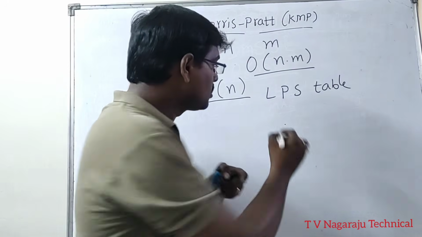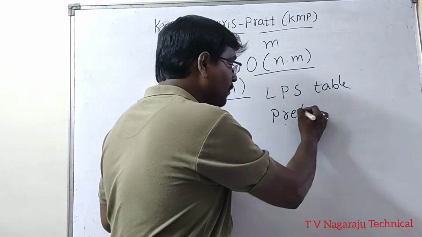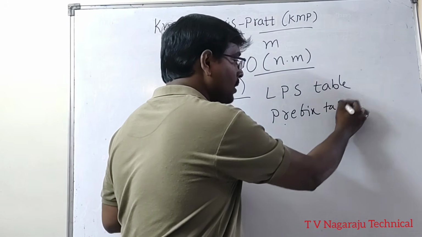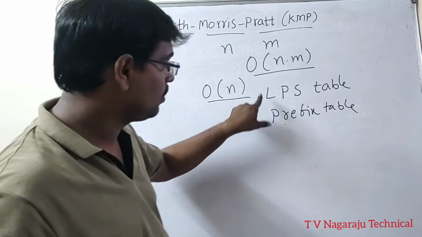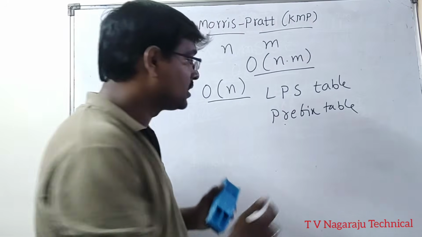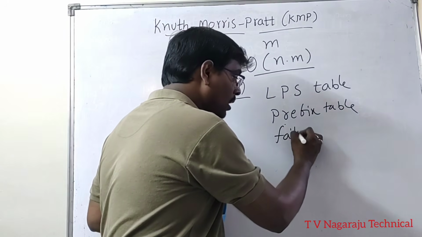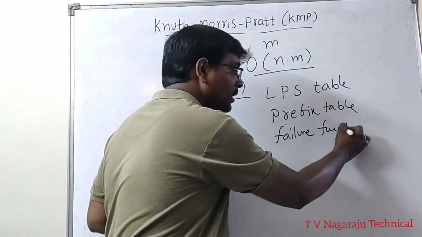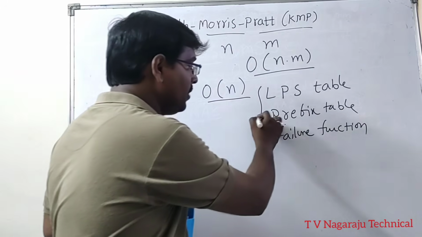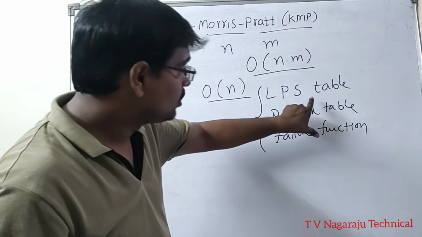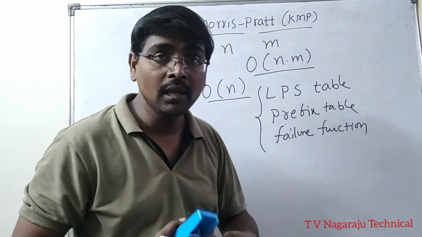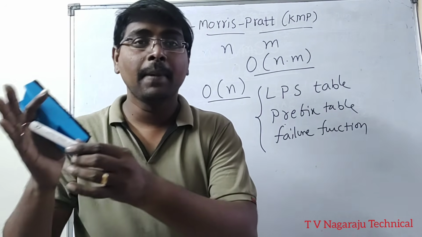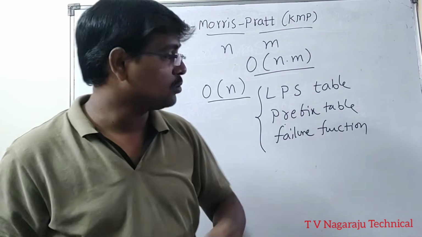This is also called the prefix table, a pre-processed table, also called the failure function. You can call it by any name. By using this, we skip the comparison of characters.